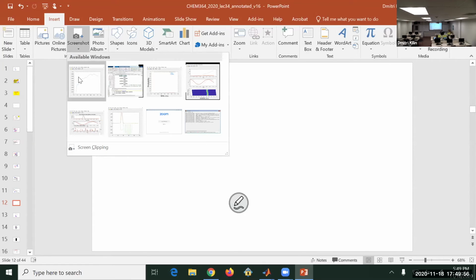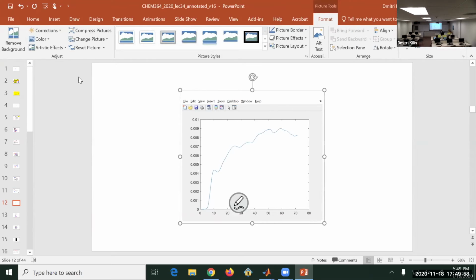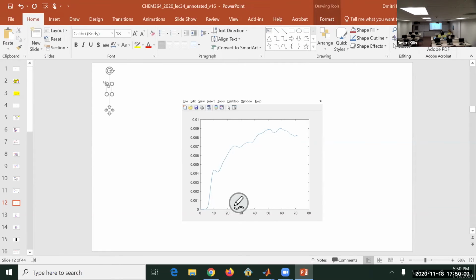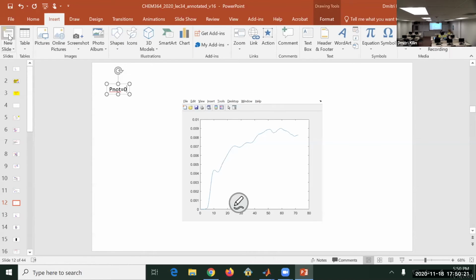And then you go screen clipping or the window. And here, okay, yeah, thank you. Just like your active screens. Yes. All your windows, yeah.